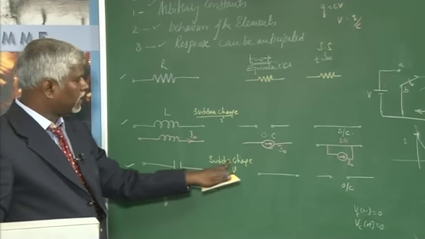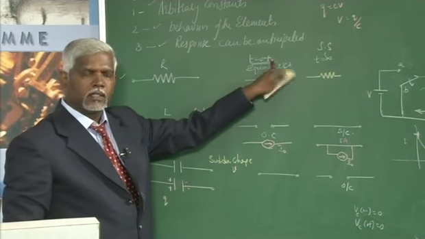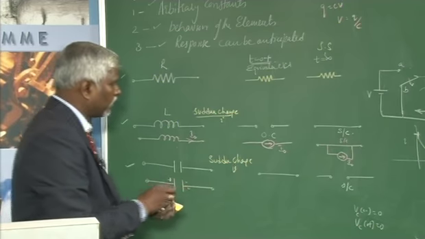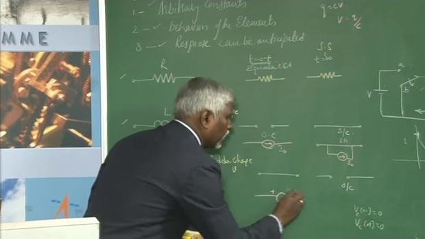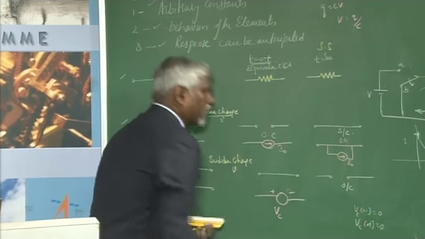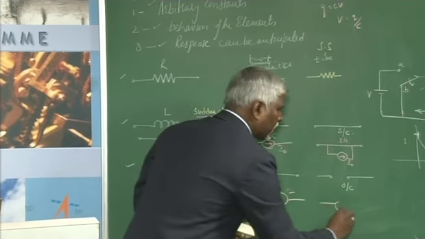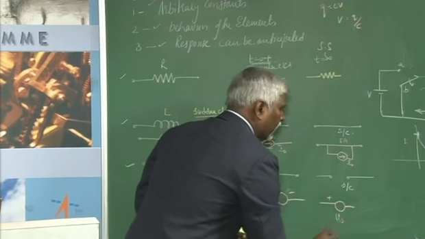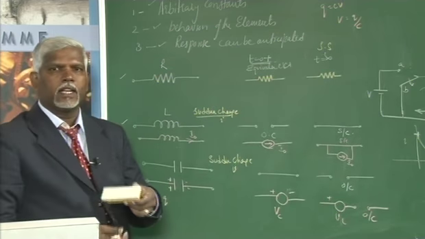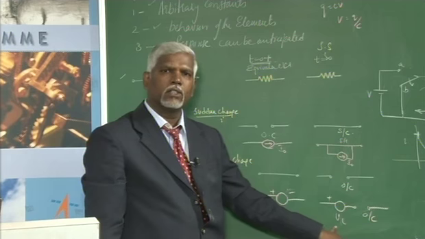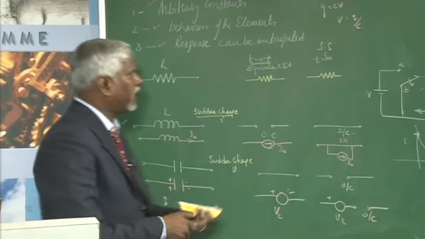Because of that, immediately after the switch is closed at t equal to 0 plus, it acts like a voltage source of value V C. At t equal to infinity, the capacitor with initial charge finally becomes an open circuit. It initially behaved like a voltage source, and finally it behaves like an open circuit.